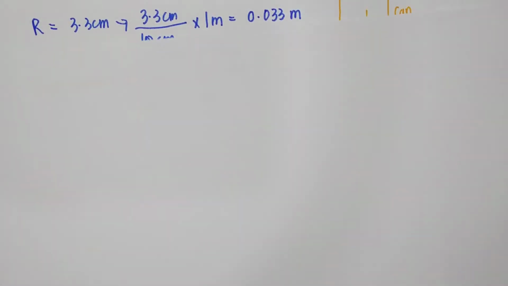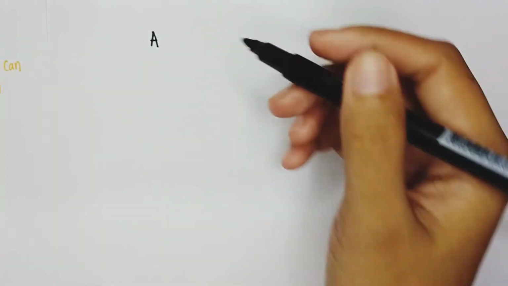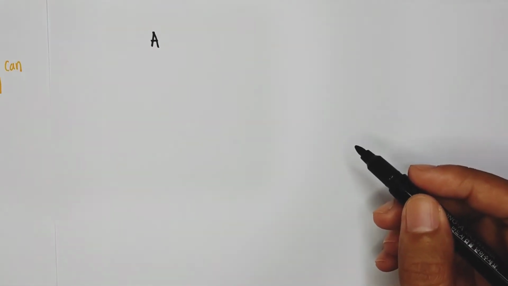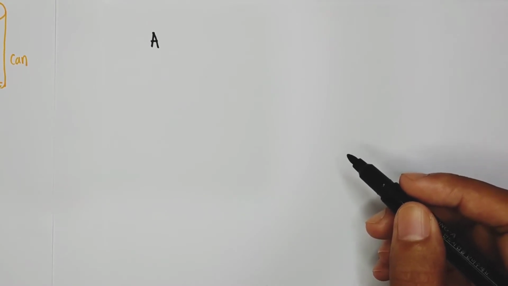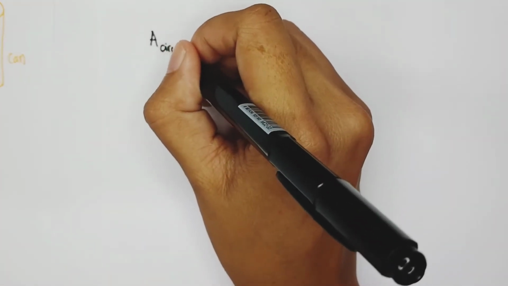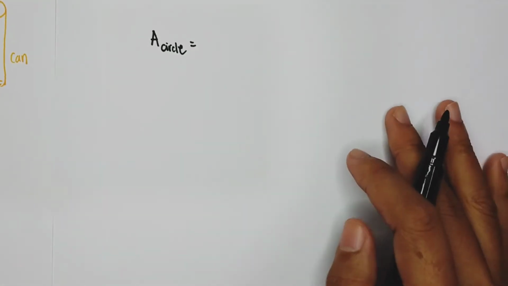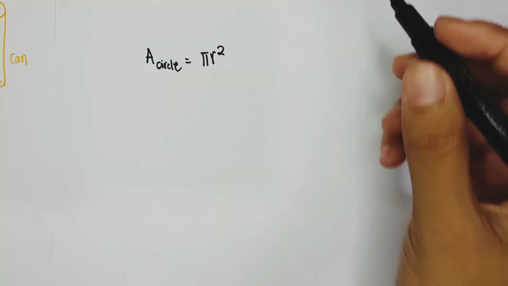In finding the mass, we need to use area. Since the cylinder has a circular lid, the area of the circle is pi r squared.